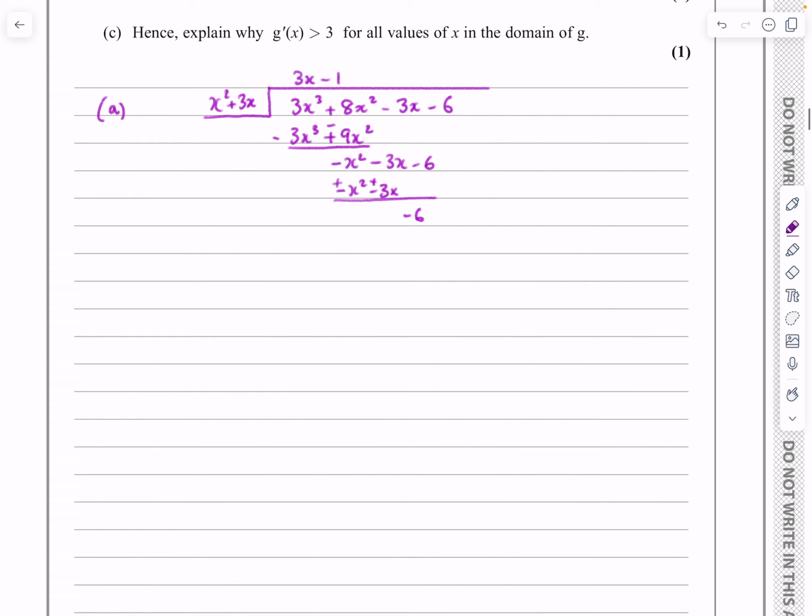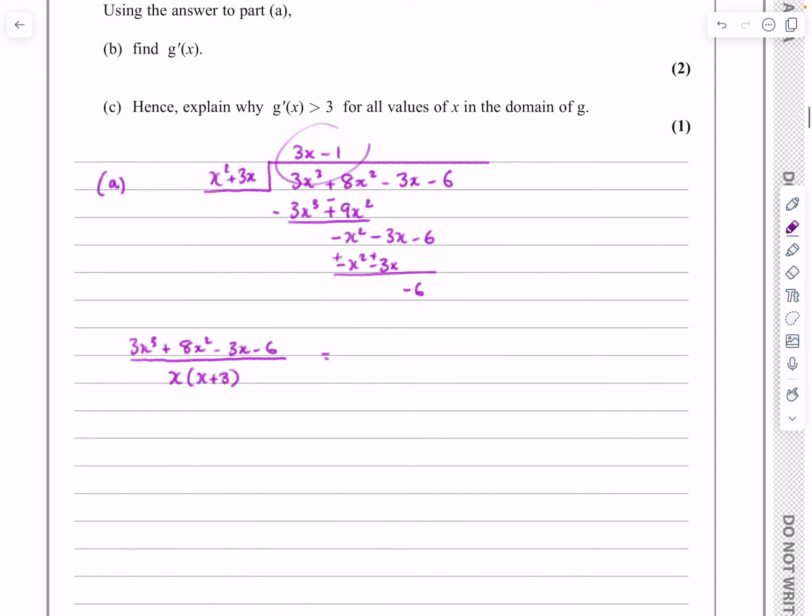So what that tells me is that if I do that division, 3x cubed plus 8x squared minus 3x minus 6, all divided by x squared plus 3x, in other words x(x plus 3), which is what we had, this part is the quotient, 3x minus 1 is the multiplier.